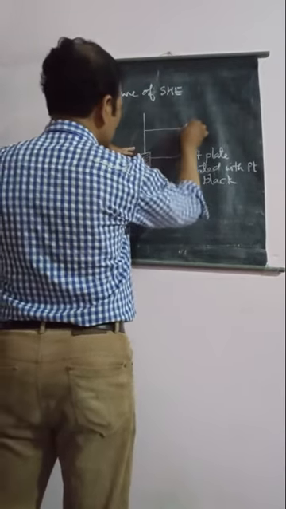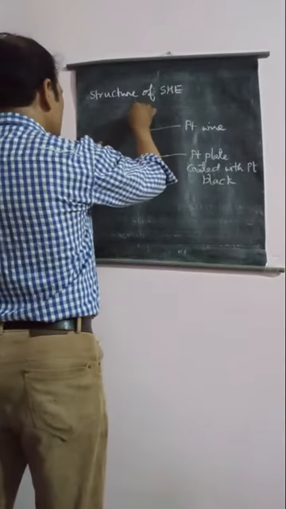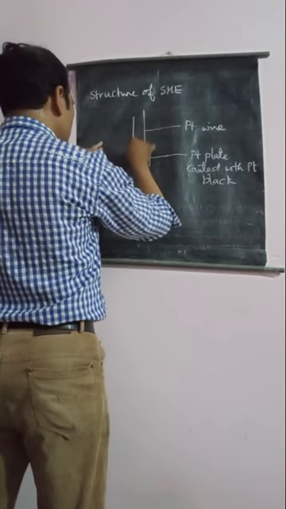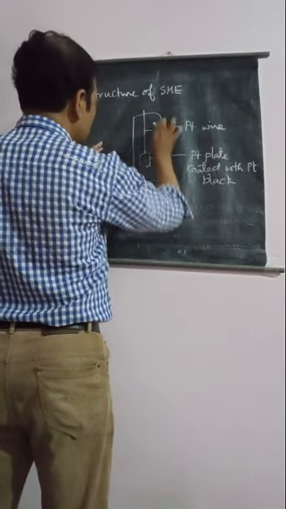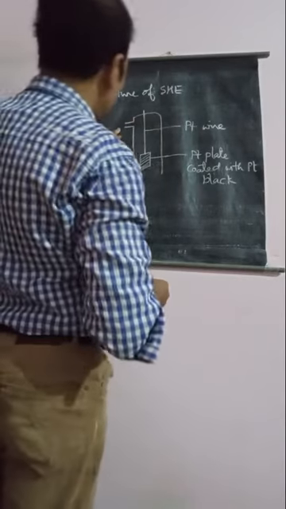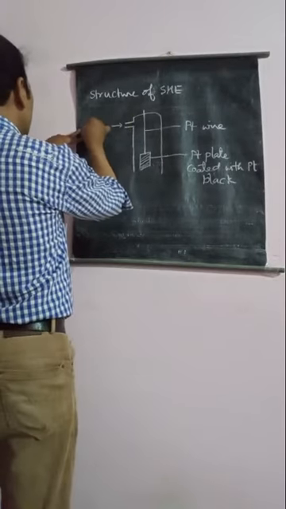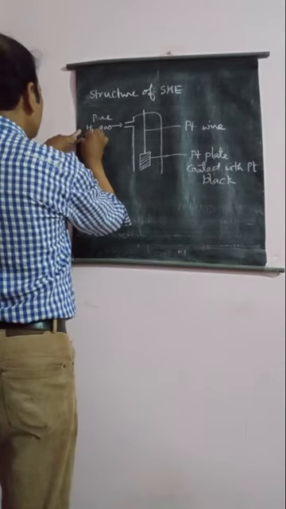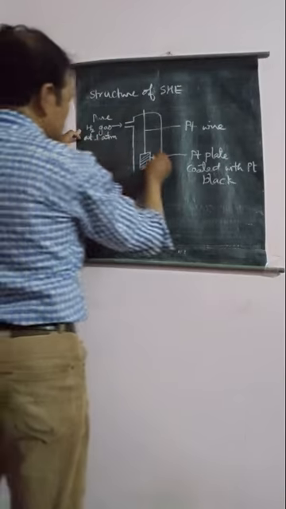We cover this wire and the platinum plate with a tube having a side tube for H2 gas. From here we can pass pure H2 gas at 1 atm or 1 bar, generally 1 atm.